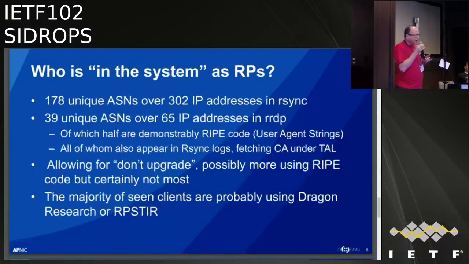So I was able to gather from user agent strings in RRDP what the rough count is of the distribution between RP-Stir, Dragon software, and RIPE. And my rough feeling is that it's approximately 2 to 1 are using RP-Stir and Dragon. It's possible those numbers are wrong, but in no sense is the majority of the community using RRDP.